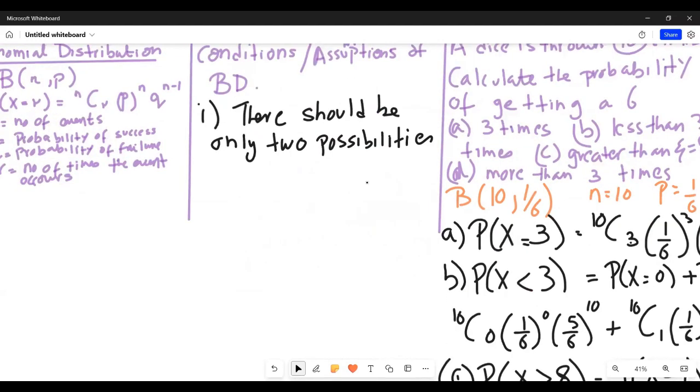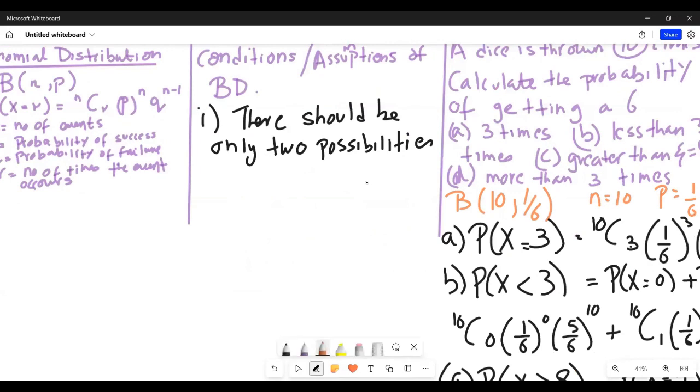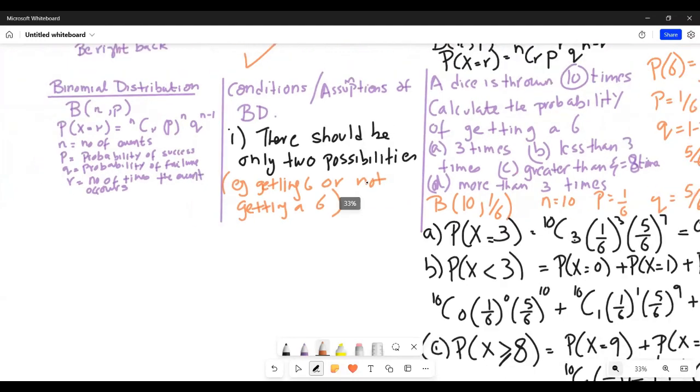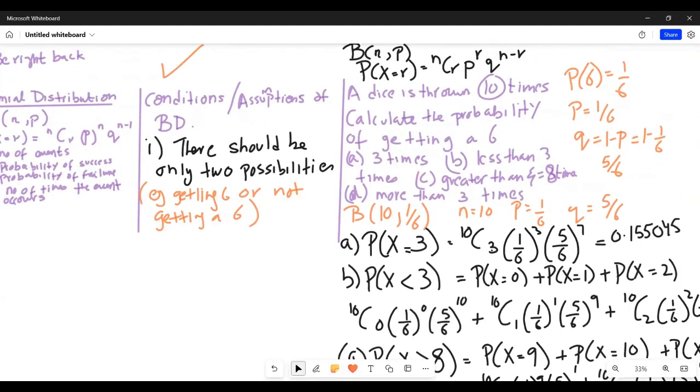So in this case, it was getting a 6 or not getting a 6. And it could also be a head or a tail. Those are also 2 possibilities. So if the question is on binomial distribution, you will only have 2 possibilities.